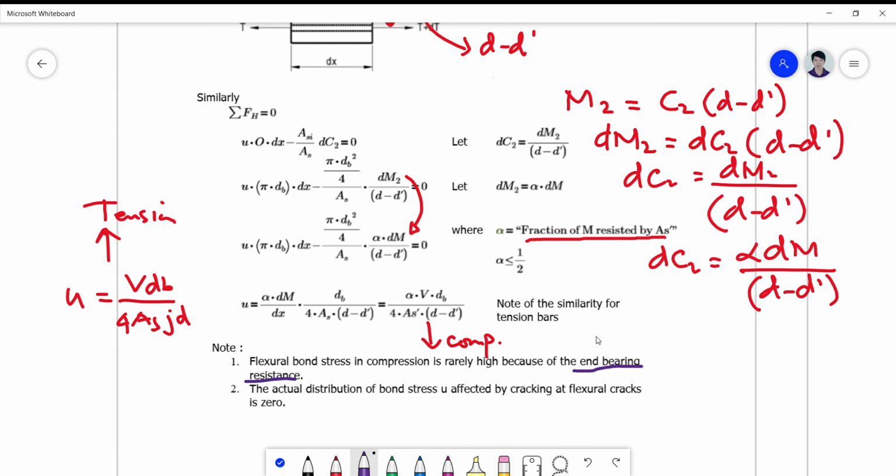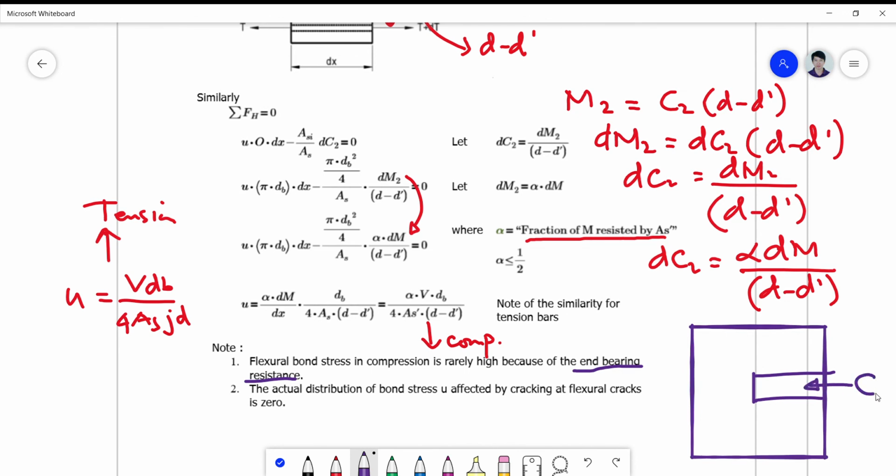If I have a concrete here, class, and I have here your reinforcement, and I push this reinforcement in compression, this end will be resisted by an end bearing of the concrete.